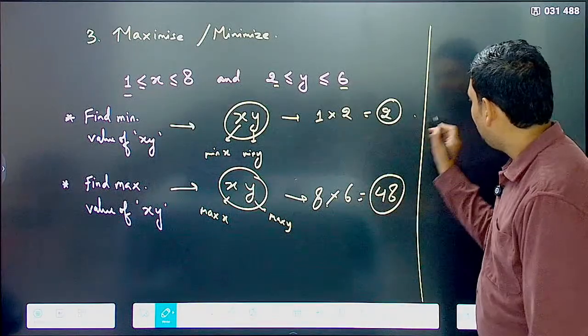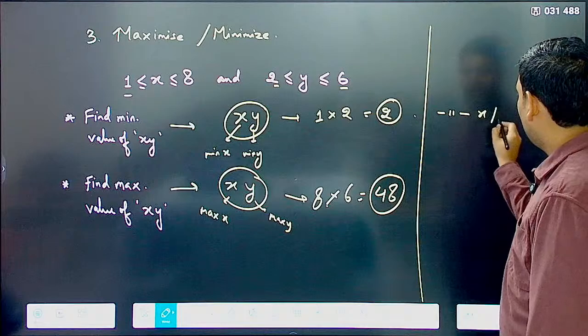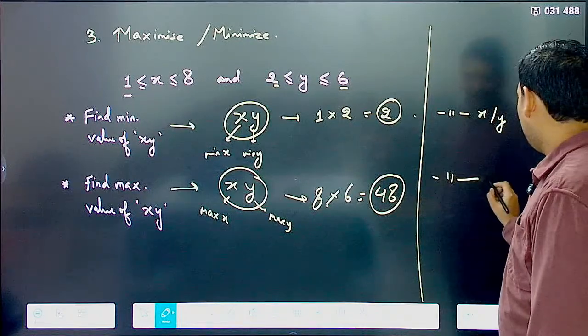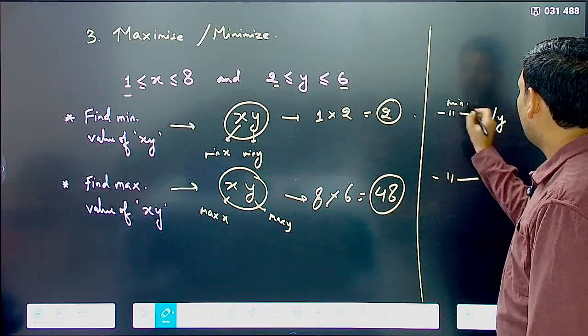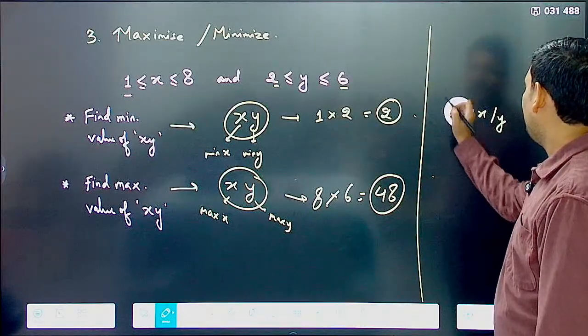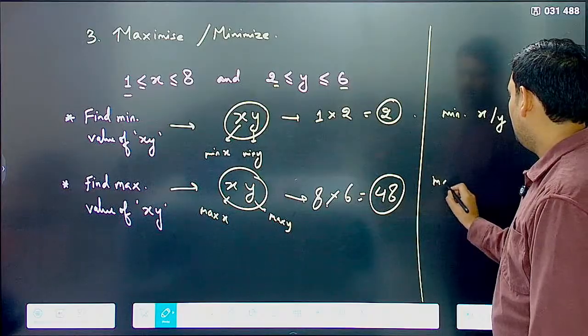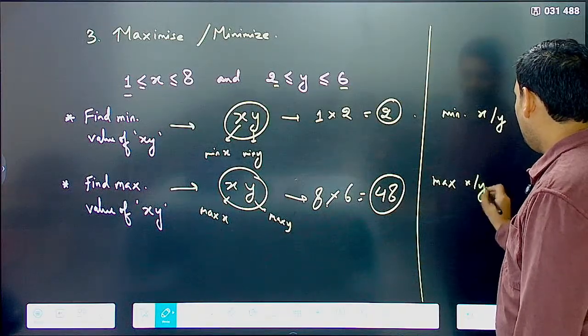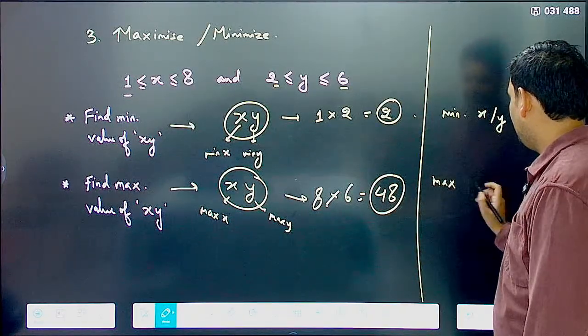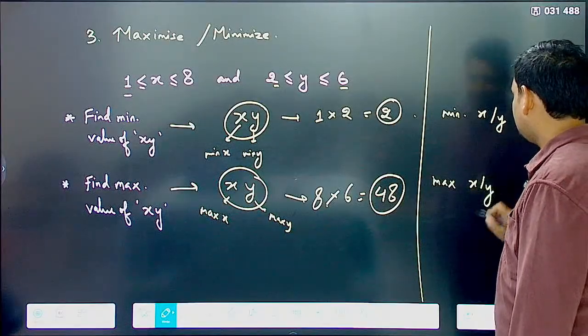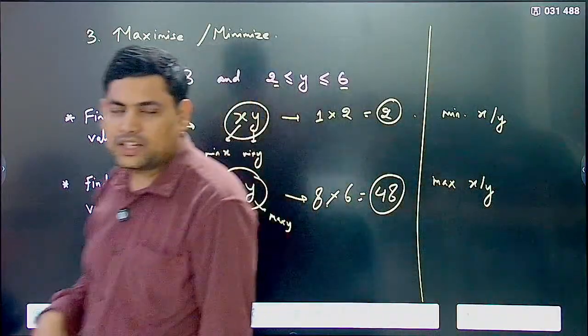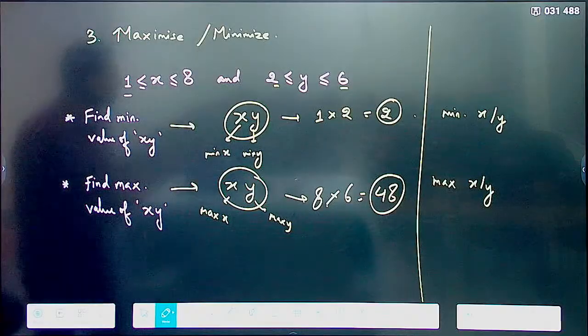Now you have to do the same thing for x by y. Find the minimum for x by y and the maximum for x by y. Think about it.